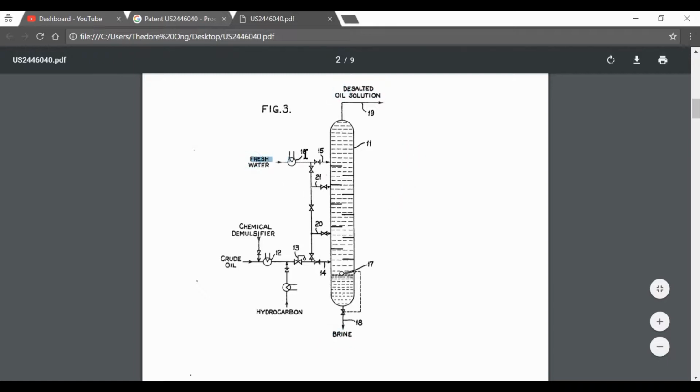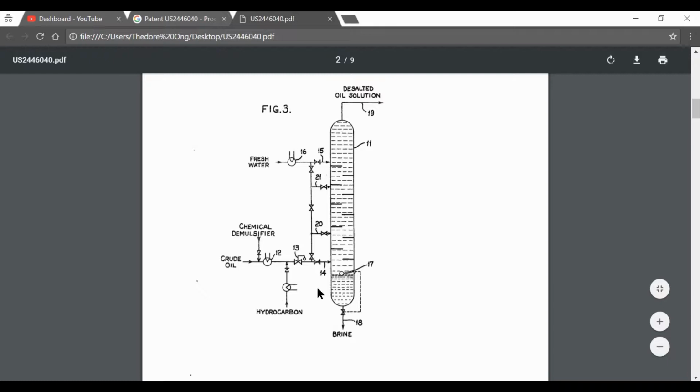So fresh water looks like it's injected from the top, or rather you can see the valves here between 16 and 15. You see where the fresh water is. Just to your right will be 16 and 15. The valves are here. So this network of the system does, 16, 15, and just to the bottom of 15 you have 21, 20, and then 14.